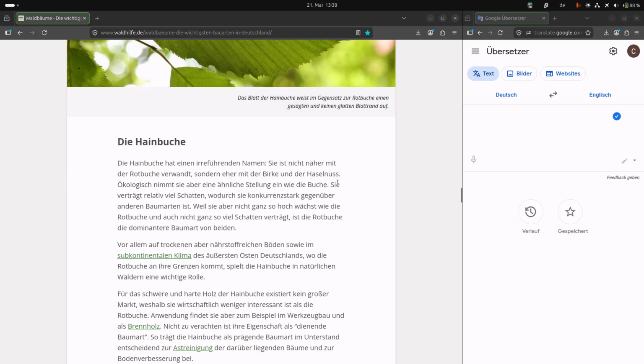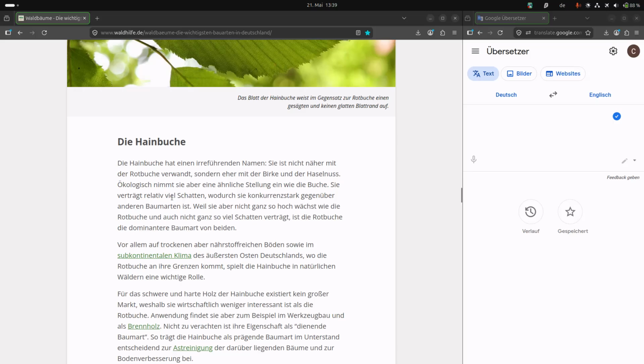So, she, it, verträgt, tolerates, relatively, viel, much, Schatten, shadow, wodurch, through which, sie, she or it, konkurrenzstark, highly competitive, gegenüber, towards, anderen, other, Baumarten, tree species, is.